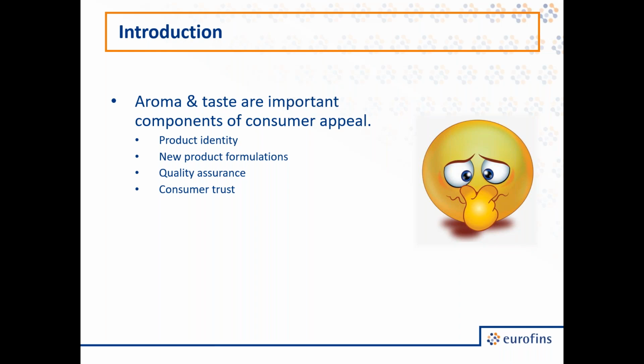Off-odor and off-flavor can be signs of a potential problem in processing, storage, and so on, and I'll get into that in more detail in a couple of slides. As well, aroma and taste are important parts of consumer trust. When a consumer purchases a product, they want to know what they're getting. For example, if someone purchases a product here in Wisconsin, and then goes a few states over and purchases the same brand and the same product, they want to know that they're getting the same overall flavor across different stores and different retailers.